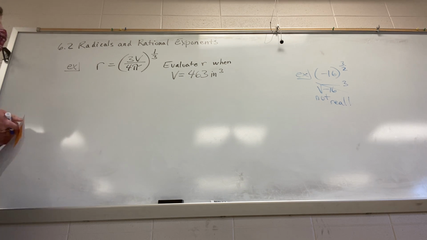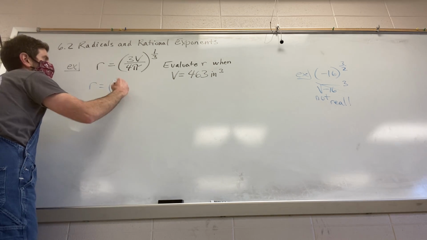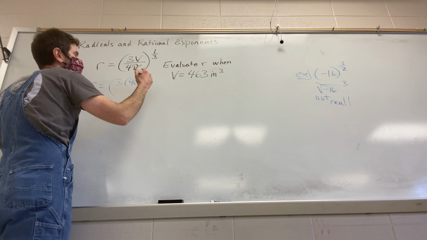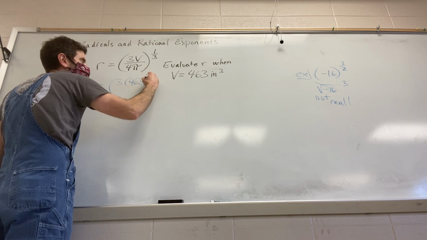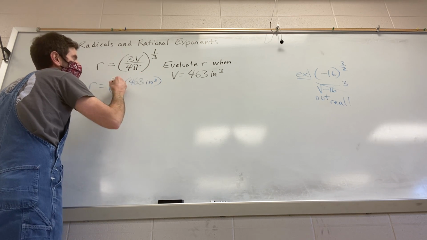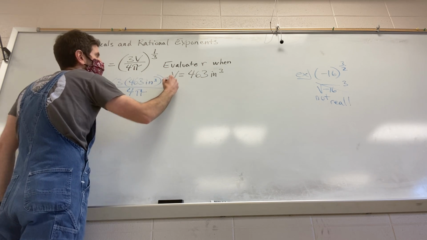So what are we going to do with that 463? Put it in for V. I would totally get it if you didn't want to put the units in there as well, but I am, because some interesting things will happen with the units if we include them. So it's cubed and not just inches.